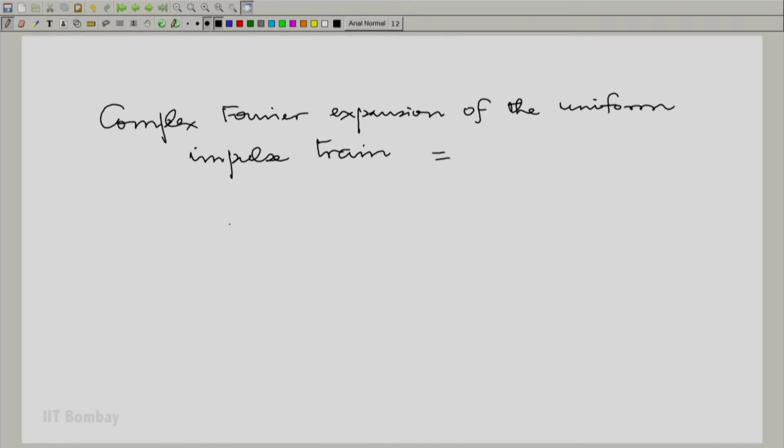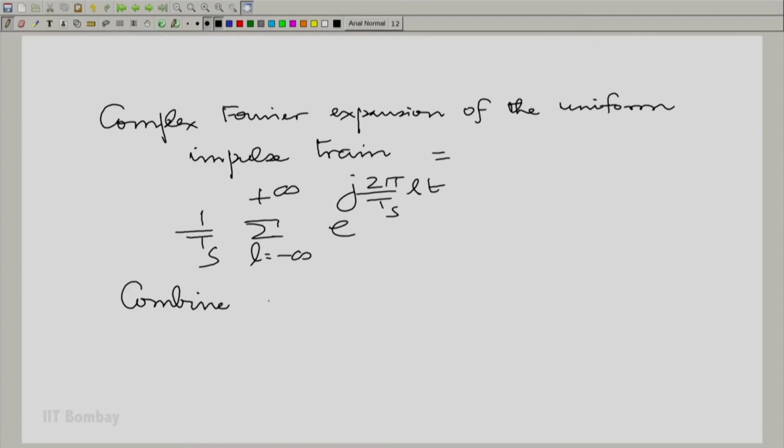well, summation gamma L, but all the gamma L's are the same, you do not need to write separate gamma L's. So, 1 by Ts, as simple as that, 1 by Ts summation L going from minus to plus infinity e raised to the power j 2 pi by Ts times Lt. So simple. And now we can combine positive and negative L and rewrite this with L equal to 0 separately.